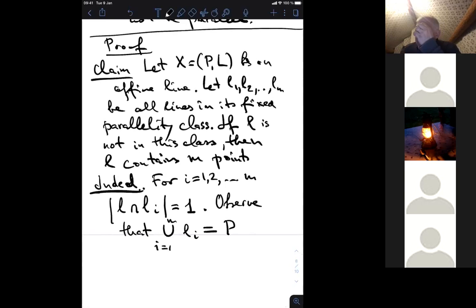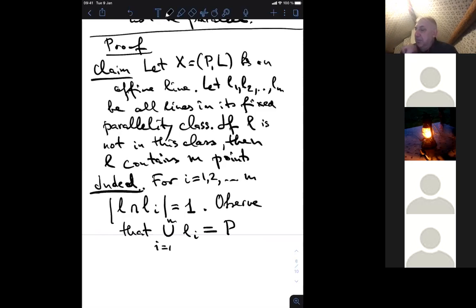So we're looking at L1, L2, and so on, Lm, the set of all lines parallel to each other. First of all, they're disjoint, because two parallel lines, if they do not coincide, are disjoint. Also, they should cover the whole P. Why?